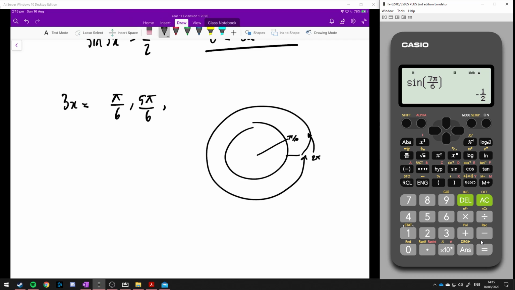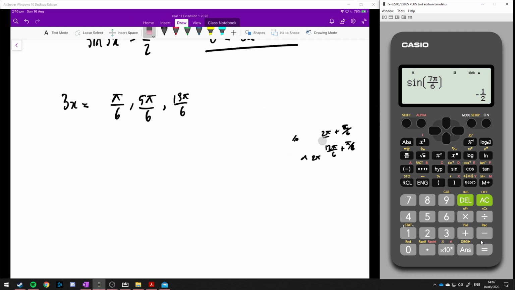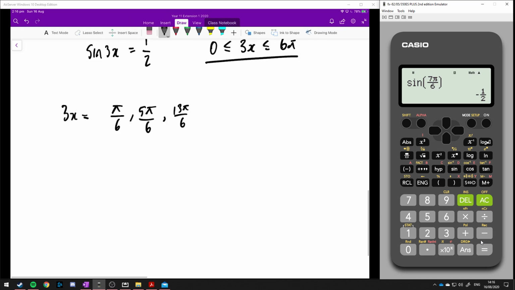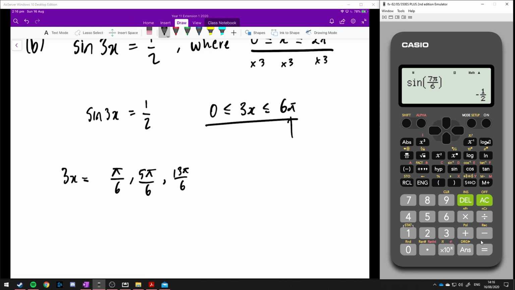So it's going to be 2 pi plus pi on 6, which is 12 pi on 6 plus pi on 6, that's 13 pi on 6. Then we do that again, because remember this is 3 lots of 2 pi, so 3 revolutions.